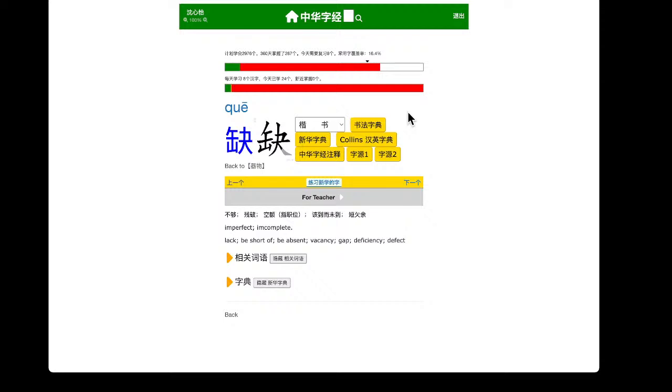This one's very common. 缺 meaning imperfect or incomplete or missing something. It's got a gap, a vacancy, a deficiency. And this is like a, on the left is some kind of a, like a vase, whatever you want to call it. And on the right is 绝, which gives a phonetic property.